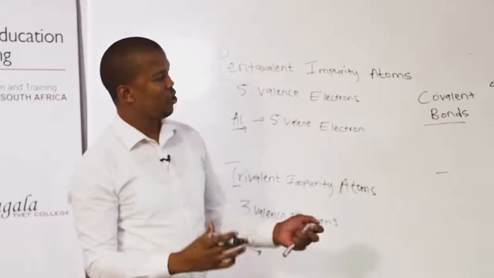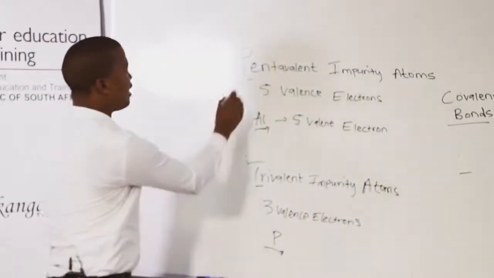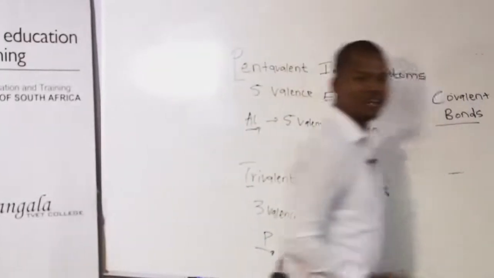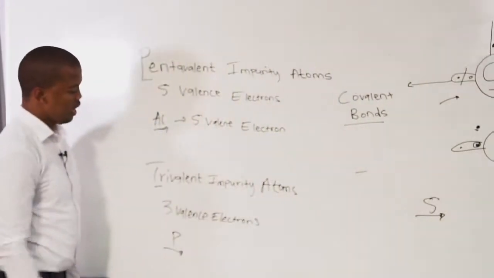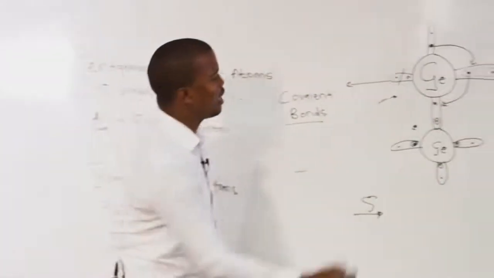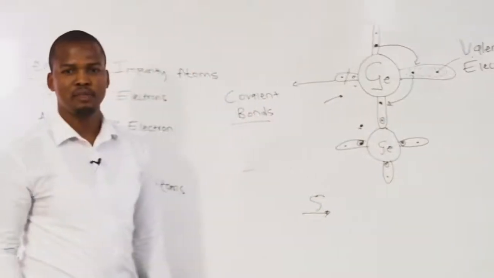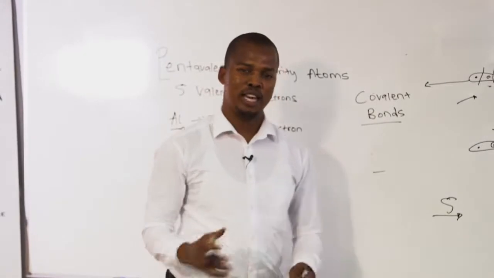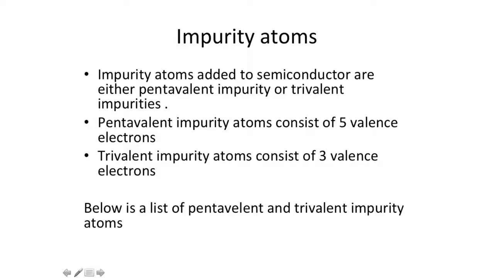To understand the impurities, the pentavalent impurities result in having an extra free electron, and the trivalent impurities result in having a hole. That's the difference between pentavalent and trivalent impurity atoms. Below are elements of pentavalent and trivalent impurities.